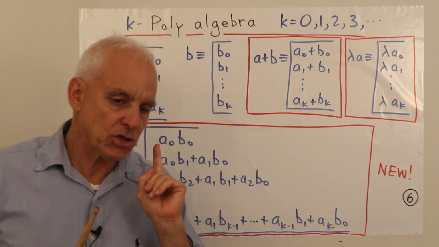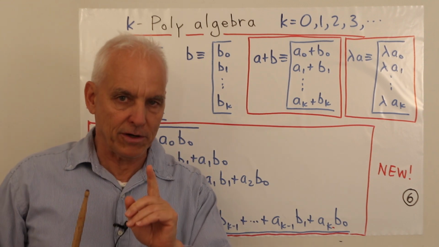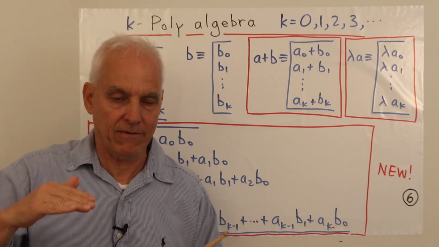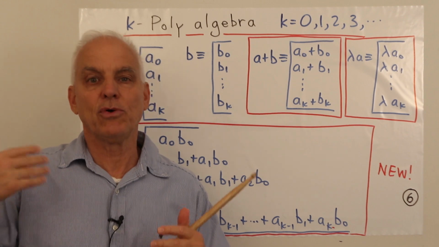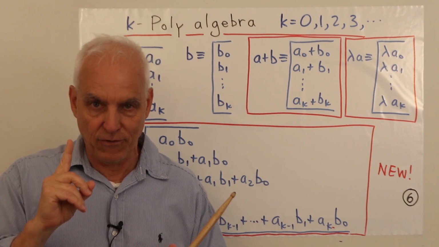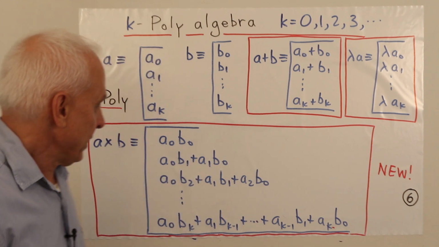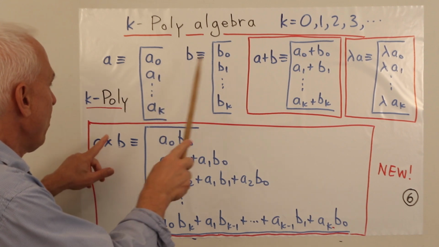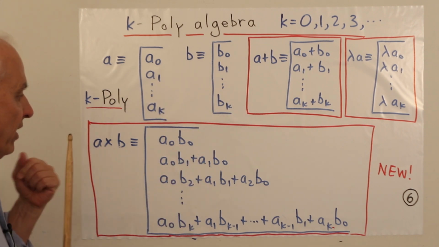Now this multiplication will look familiar to you, but I want to emphasize that this is really a new thing, even though it is very, very close to the arithmetic for polynumbers, but it is essentially different. So what is the product of this K-poly with this K-poly? A times B, what is it?